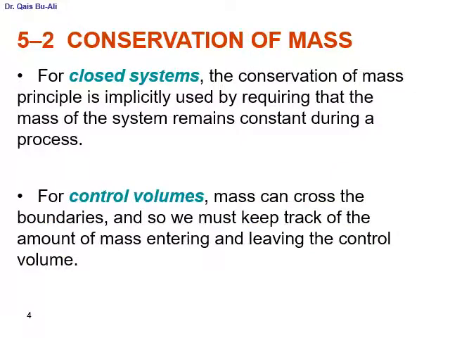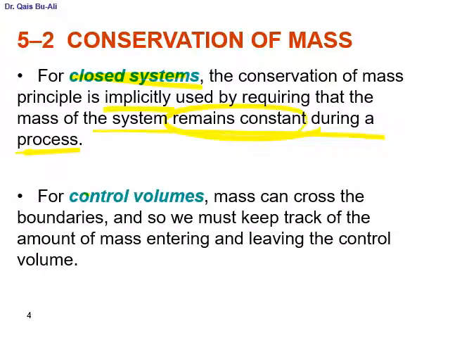Now, for closed systems, the conservation of mass principle is implicitly used by requiring that the mass of the system remains constant during the process. For a closed system, implicitly, there is no mass entering and no mass is leaving, so just the mass in the system will remain constant. It is not going to change.